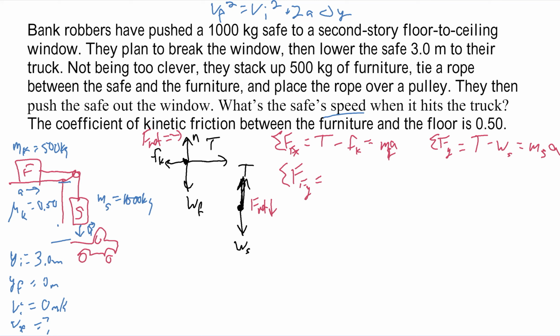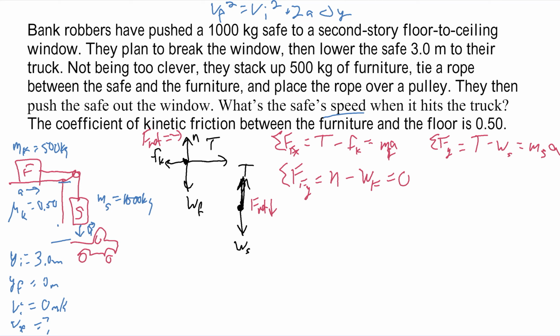What do we have? Normal up minus weight of the furniture down equals 0. We don't have a net force in the up direction, so it's just 0.